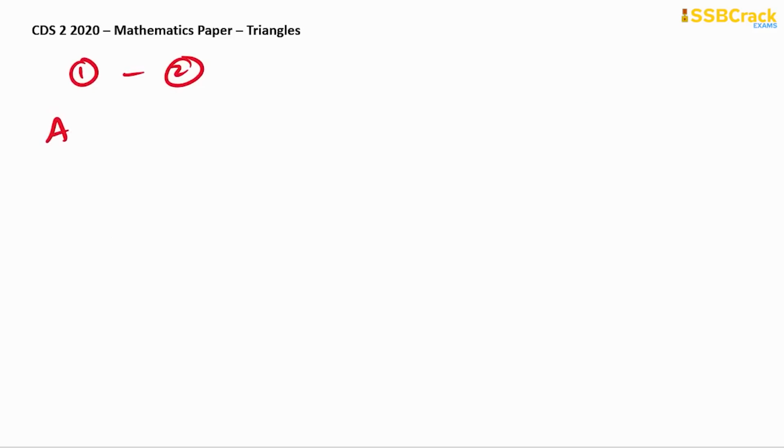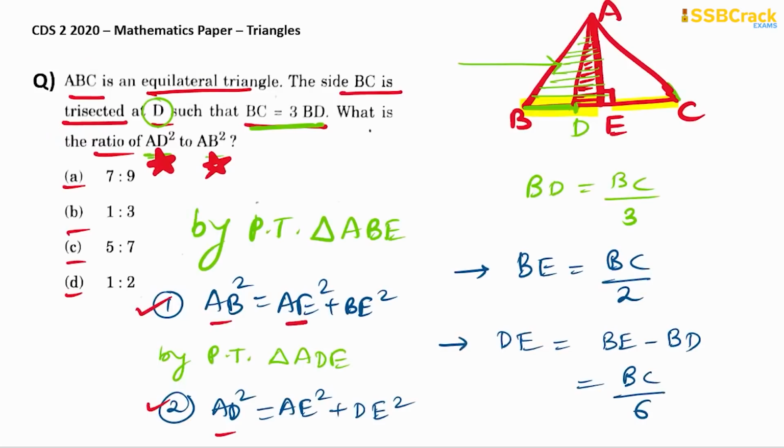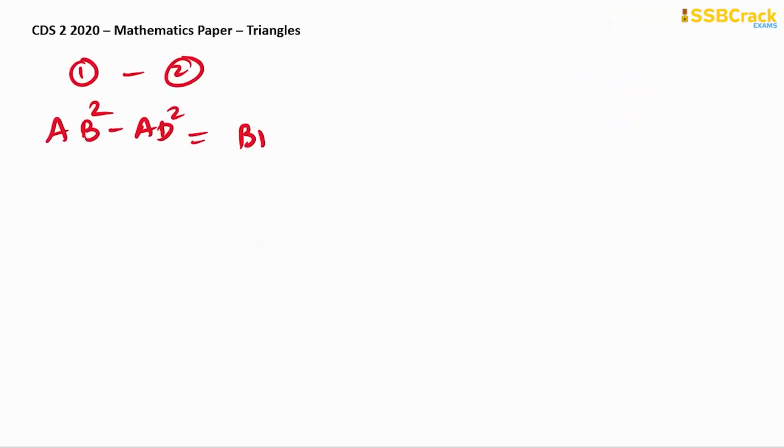On the left hand side I would have AB square minus AD square, and on the right hand side you could see that this AE square cancels, we'll get the difference of this BE square and this DE square, for which I know their values in terms of the side BC. So AB square minus AD square equal to BE, what was the value of BE? BE was BC by 2.